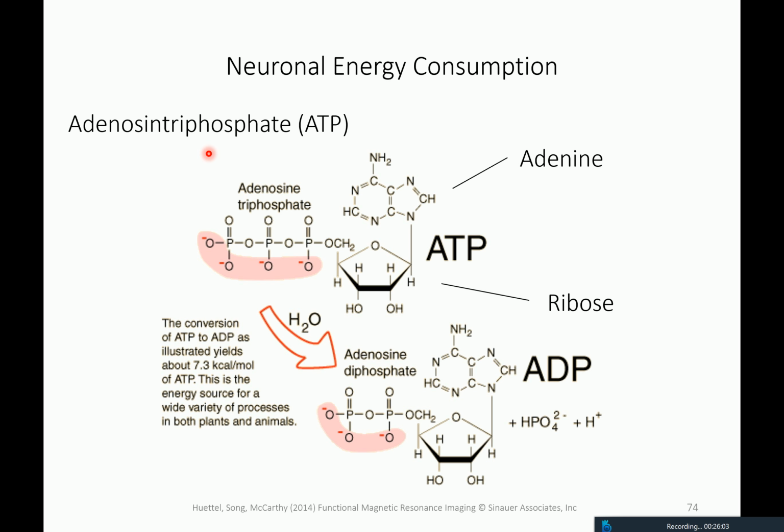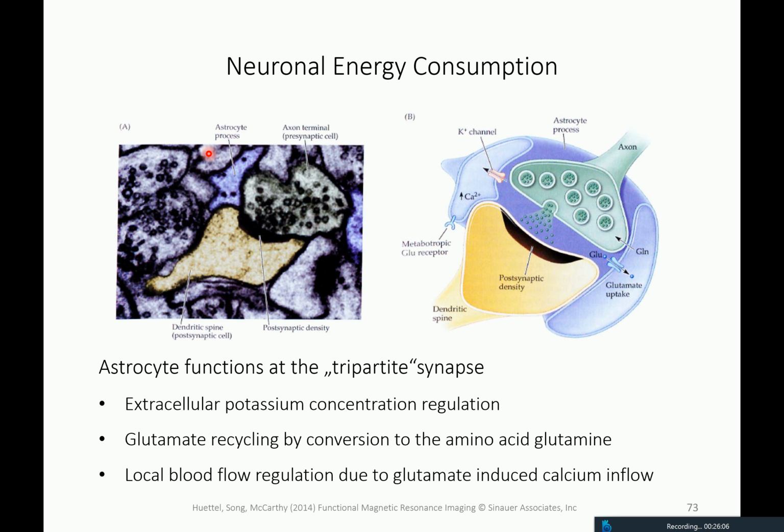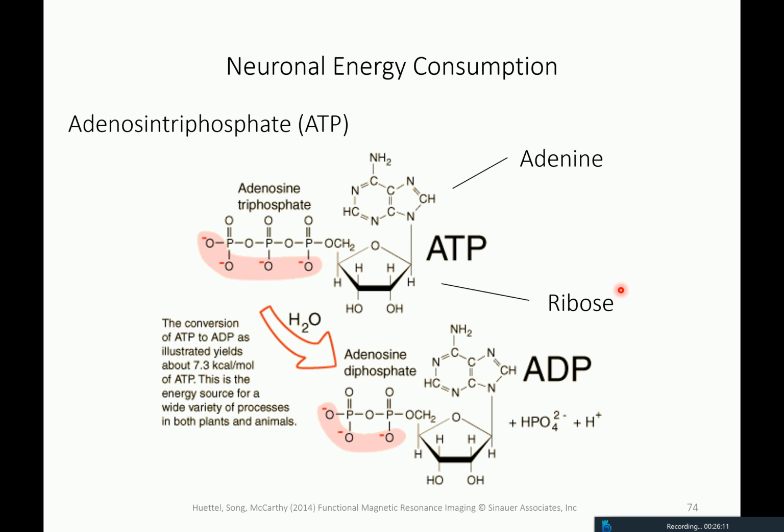So now, talking about the cells that are involved and also the synaptic processes, another thing to remind you of, to make the story of the metabolic hypothesis a little bit clearer, is ATP versus ADP. I think most of you have seen that in your biochemistry courses. ATP is this molecule composed of this adenine component, this ribose, so this sugar, and then these phosphate units.